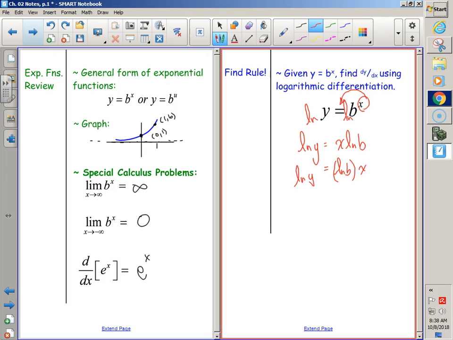But I don't need to stop there. I need a derivative. Here's the crazy thing about derivatives. You can take them whether they're y's or x's. If my function starts off with x's, I take a derivative just like normal, which would end up being the constant multiple rule, times derivative of x is 1.